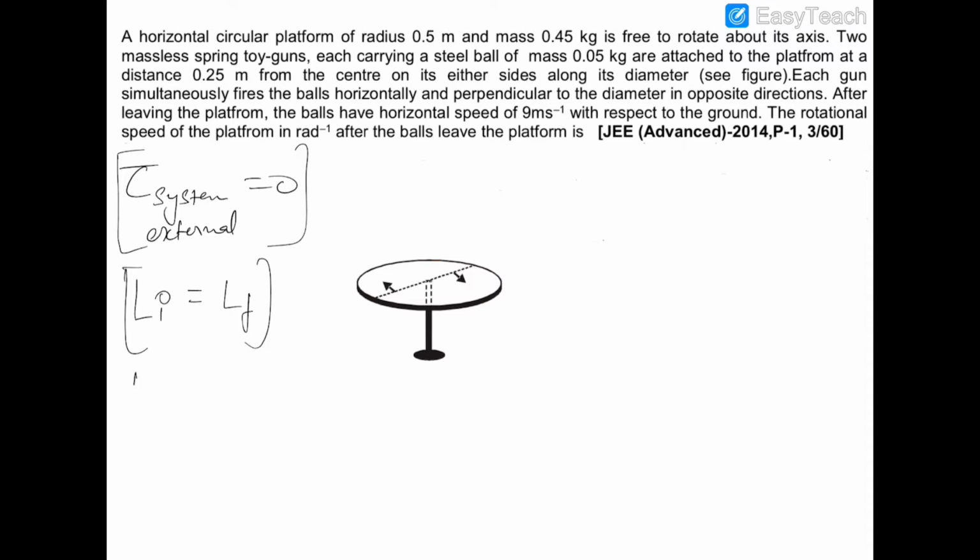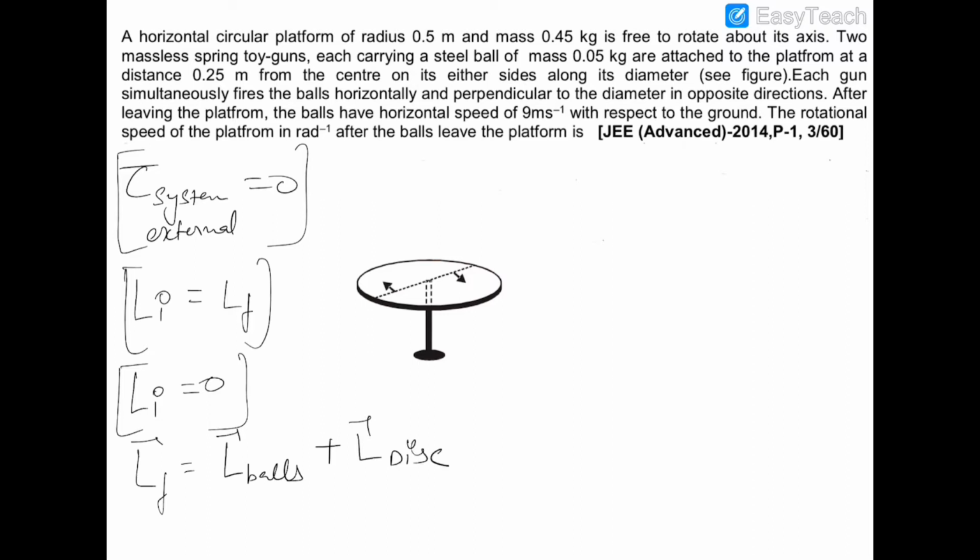Now initially, as the complete system was at rest, the initial angular momentum was 0, and finally when the bullets are fired, the angular momentum of the system would be the angular momentum of the balls, which are bullets, as well as the angular momentum of the disc.